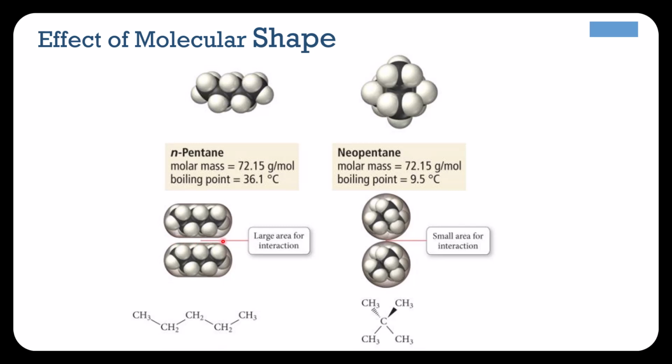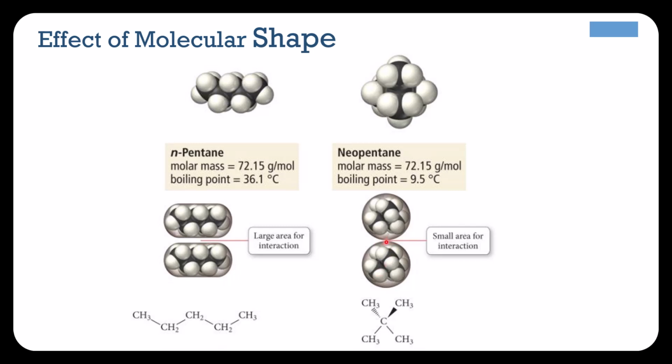So bigger surface area, larger opportunity for interactions. My neopentane here is more of a spherical shape, right? It's a much tighter shape. So when we put these two molecules next to each other, that is the smallest surface area that is possible. So spheres have the smallest surface area.